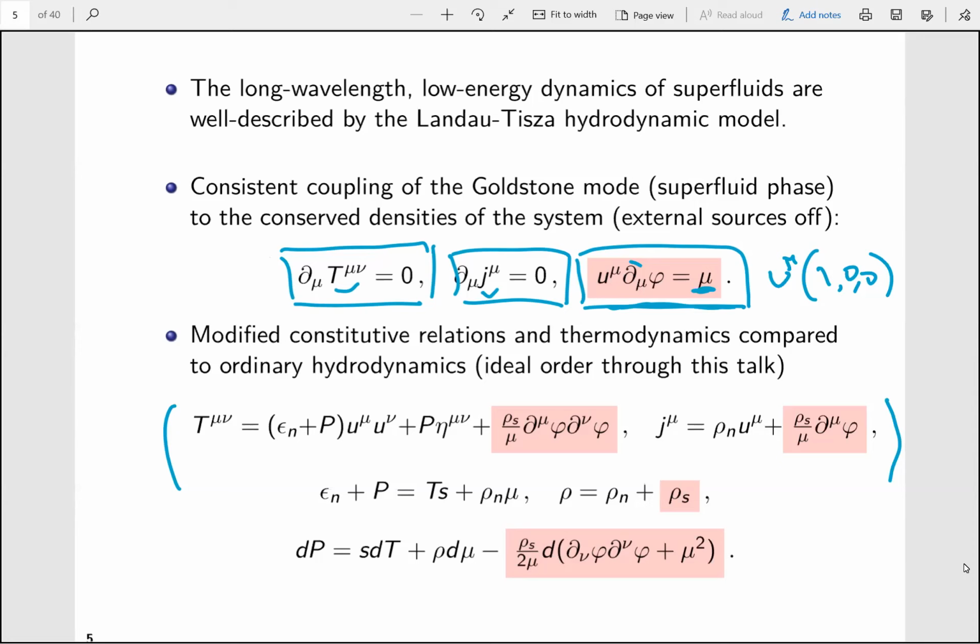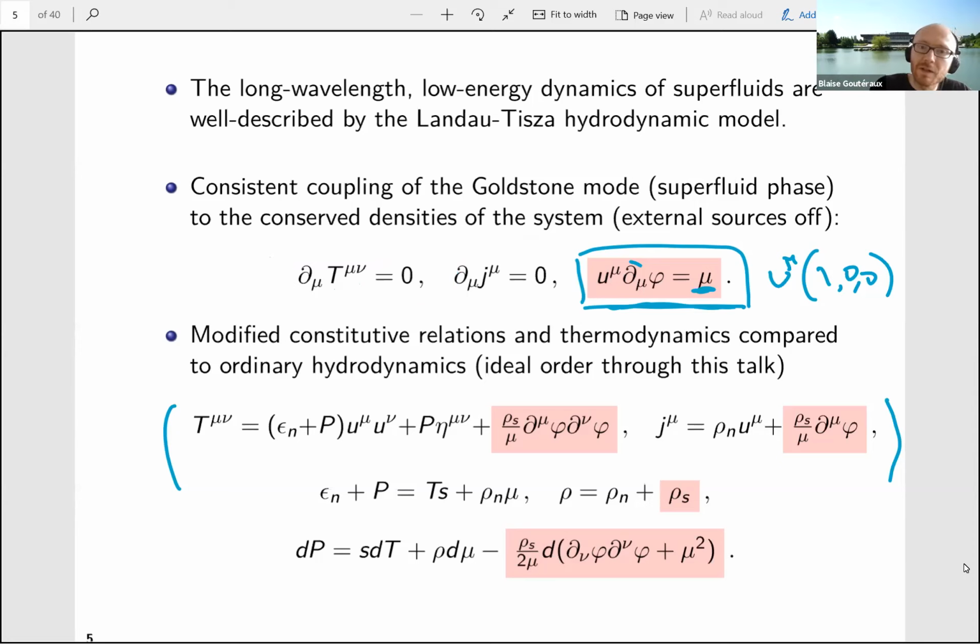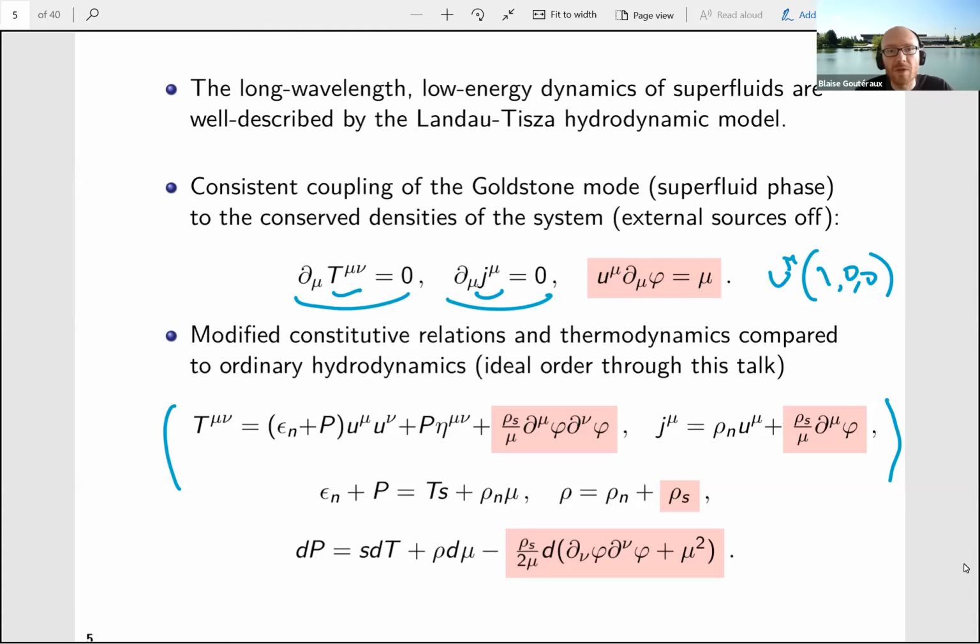Let me erase some of the clutter. These really follow from the conservation of a charge. So these are Ward identities, if you like. What changes when you go through the gradient expansion is the expression for T^mu nu and J^mu that you plug into these equations, but these equations themselves are protected by symmetries.